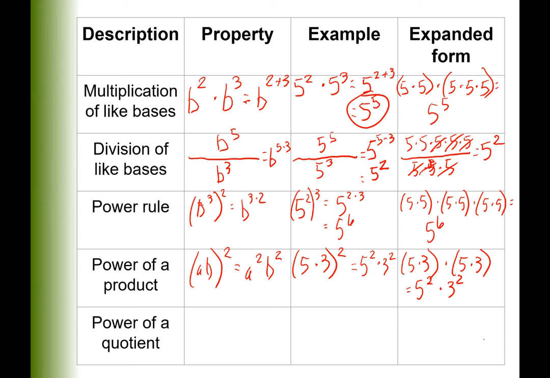Now, last but not least, power of a quotient. Meaning we're going to deal with a division problem now. Say we are dividing A and B. What do we have to do if we end up cubing it? Just like with power of a product, where we had to square each individual number, we're going to cube each individual number in the division problem.